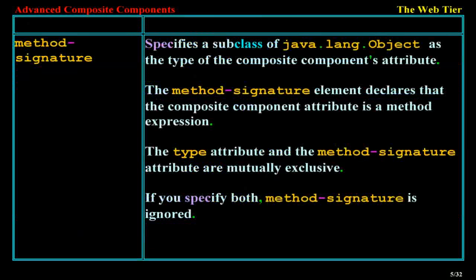Method signature specifies a subclass of java.lang.Object as a type of the composite component's attribute. The method signature element declares that the composite component attribute is a method expression. The type attribute and the method signature attribute are mutually exclusive. If you specify both, method signature is ignored.